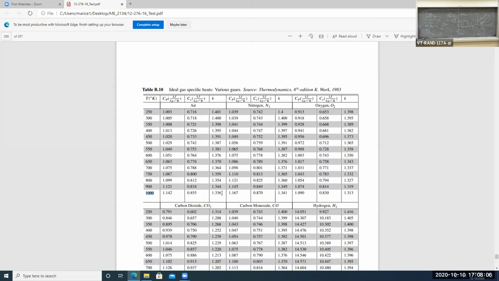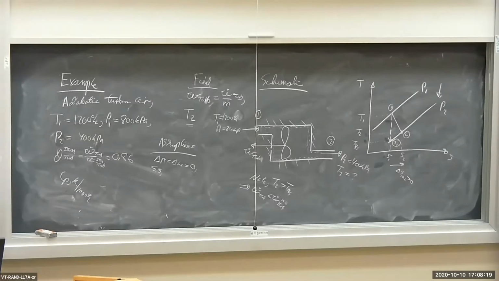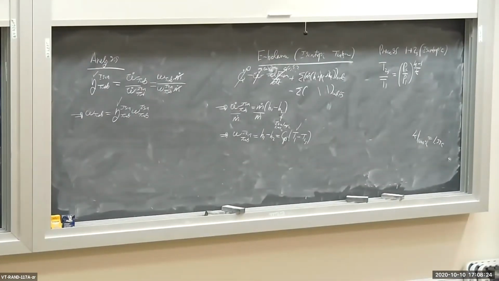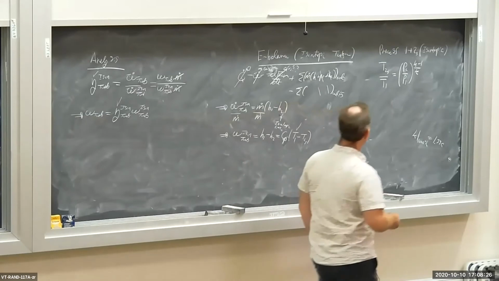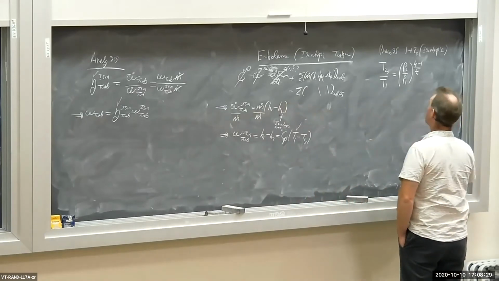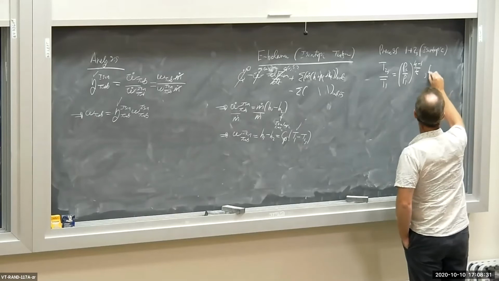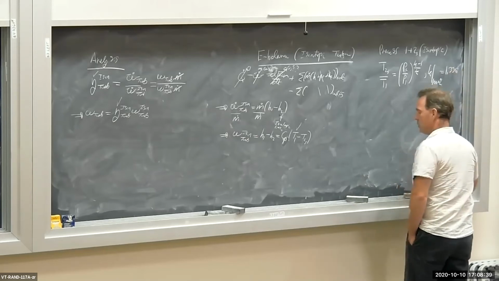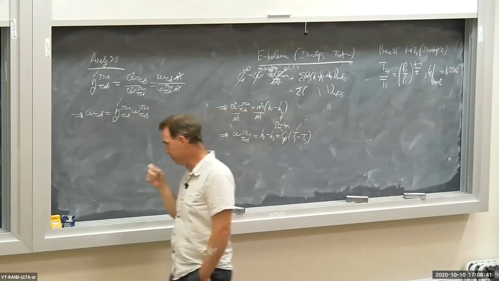Let me check that I have the right camera on. So K at 1,000 degrees is 1.336, and that's from table B10.